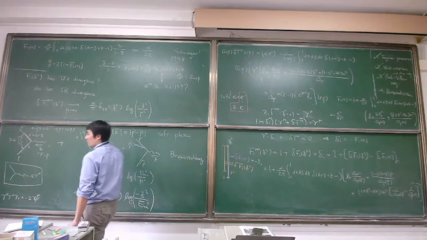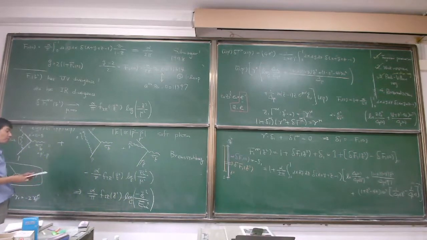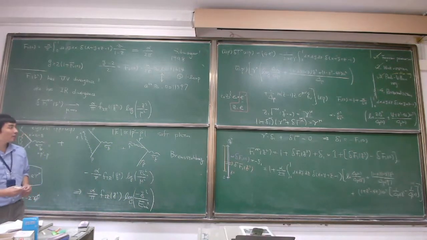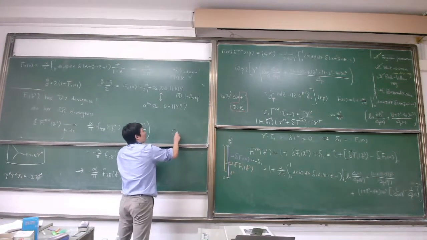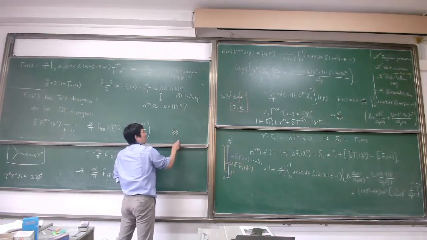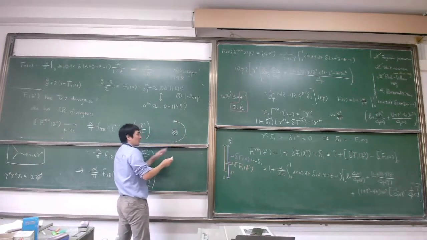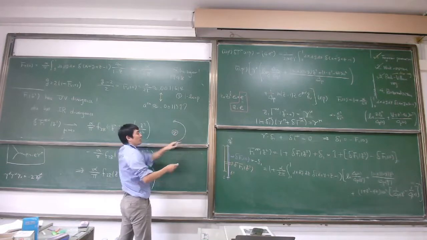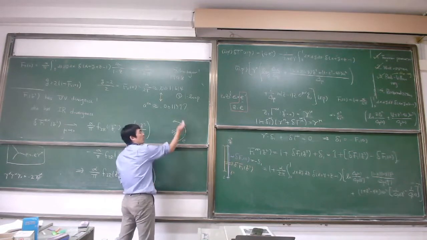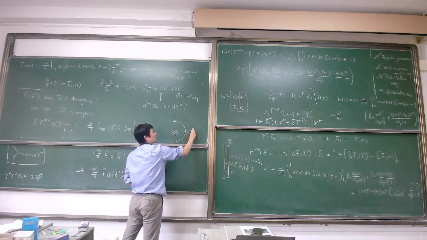These two diagrams are called Bremsstrahlung. Bremsstrahlung essentially means that if you have atoms and electrons, because they have charge, the electrons accelerate and then emit a photon.